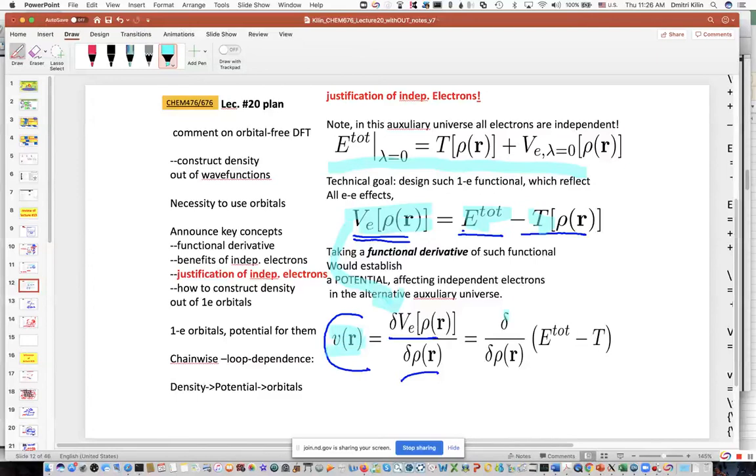So we have the functional derivative delta over delta rho of total energy minus kinetic energy. The benefit of this equation is that it is a step towards a feedback loop. From total density we set up potentials that can be used to find one electron orbitals, and then from these one electron orbitals later on we will find the potential.